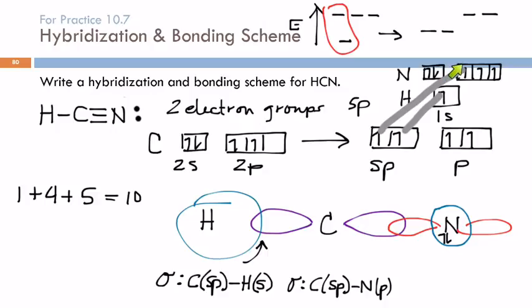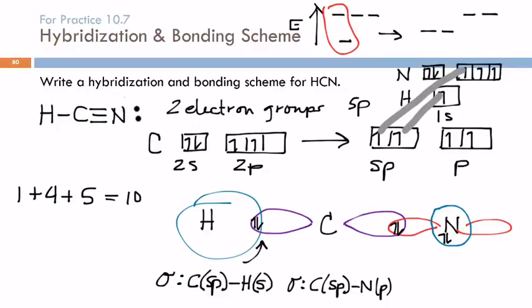So one of these p orbitals overlaps with an sp hybrid on the carbon. The s orbital on the hydrogen overlaps with a hybrid orbital on the carbon. And so that's what we've got here so far. And this is a lone pair. Let's put the electrons in there. And there's electrons in here.